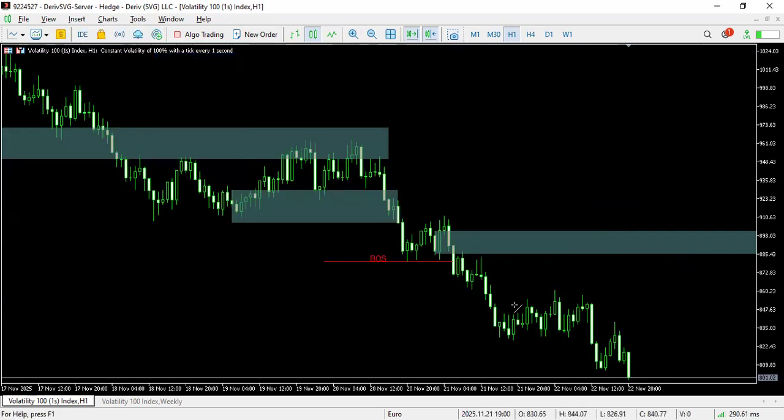So all these breaks of structure that price is forming here, I am seeing this as liquidity because price did not mitigate that order block up there as it was moving.